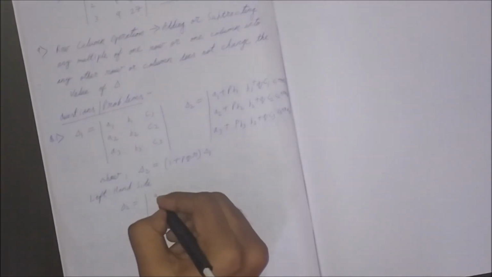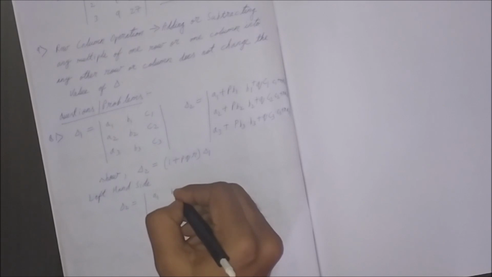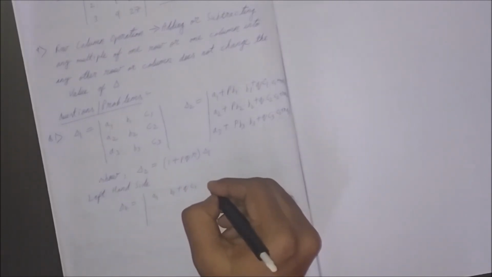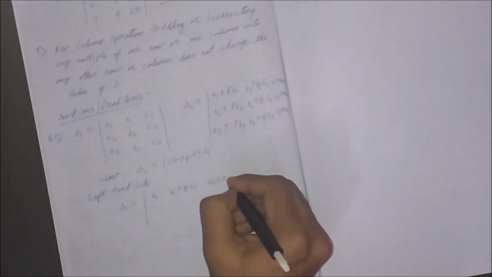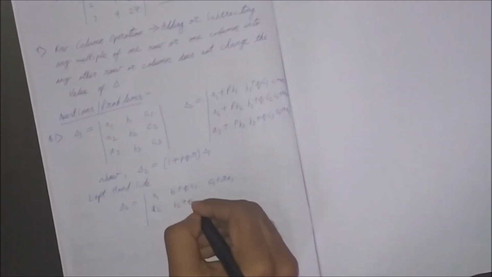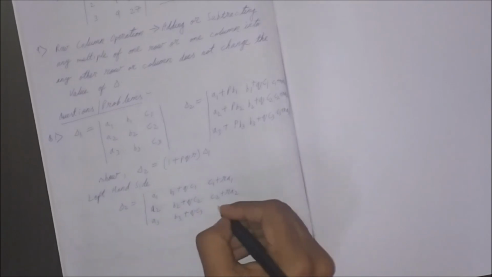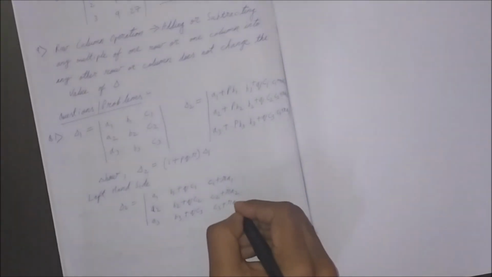So that is determinant 2, and that is equal to A1, B1 plus QC1, C1 plus RA1, A2, B2 plus QC2, C2 plus RA2, A3, B3 plus QC3, C3 plus RA3.